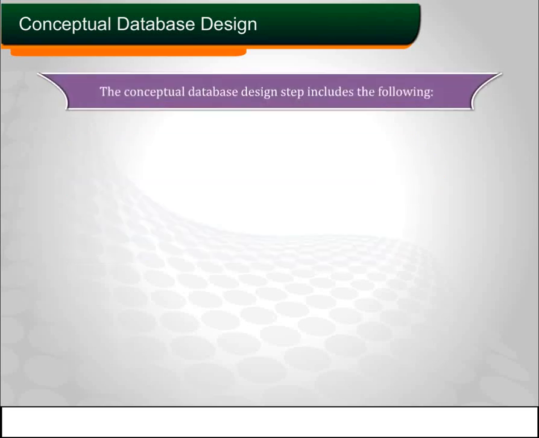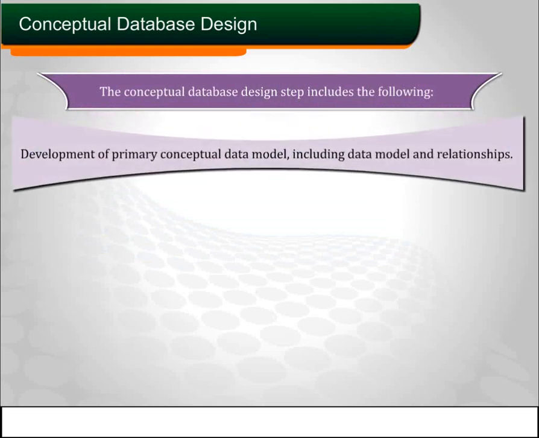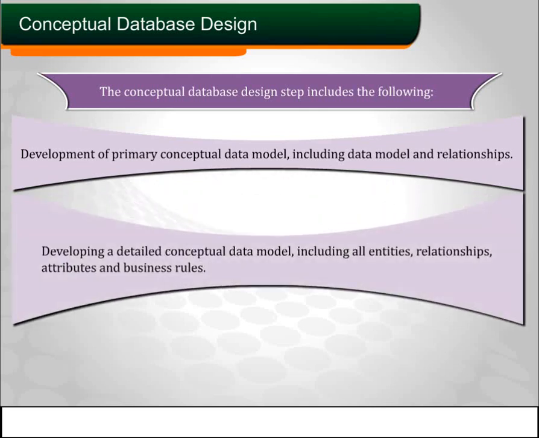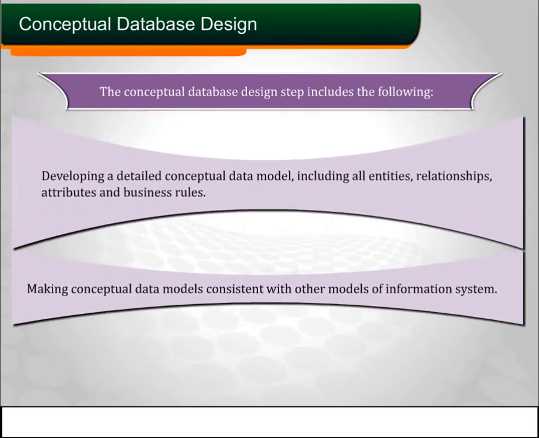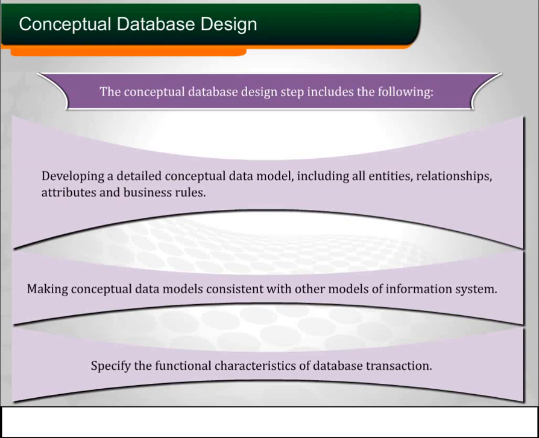The conceptual database design step includes the following: development of a primary conceptual data model, including entities and relationships. Developing a detailed conceptual data model, including all entities, relationships, attributes, and business rules. Making conceptual data models consistent with other models of the information system. Specifying the functional characteristics of database transactions.